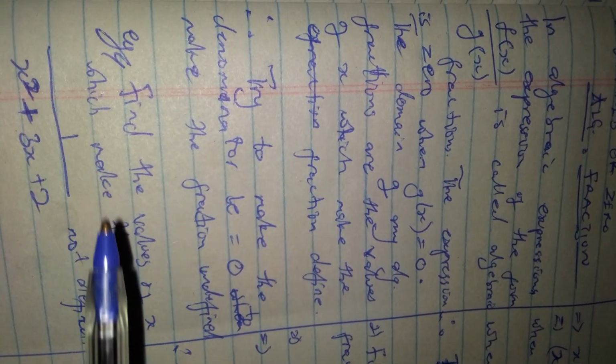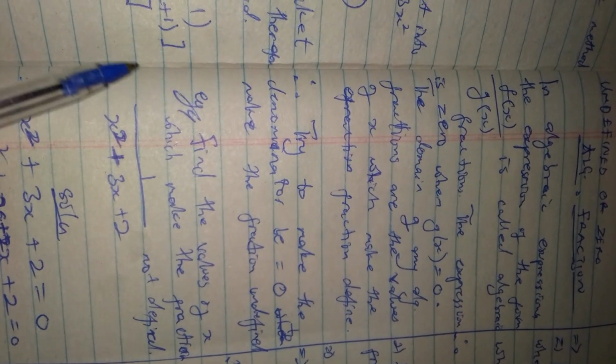We always have to try to make the denominator equal to 0 to make the fraction undefined, right? So let's try this example. It says find the values of x for which the fraction 1 over x squared plus 3x plus 2 is not defined. Not defined here is also equal to undefined. It's the same.